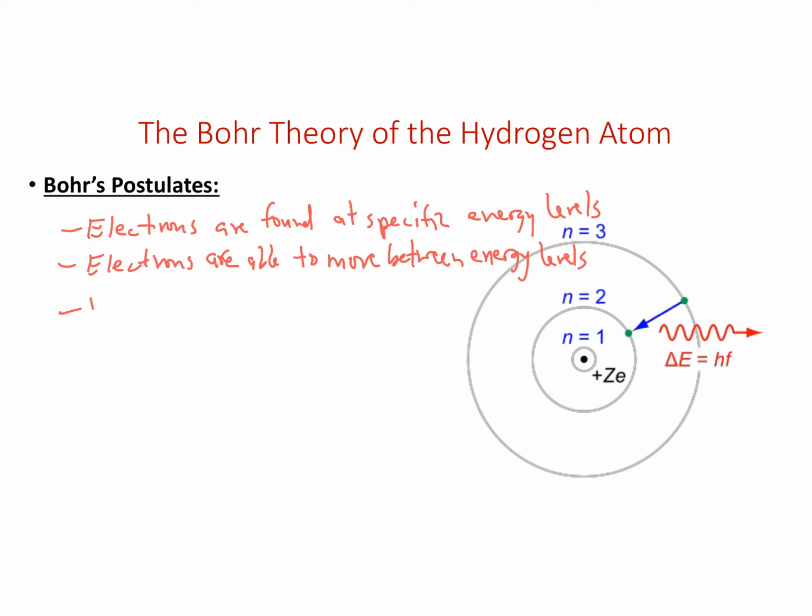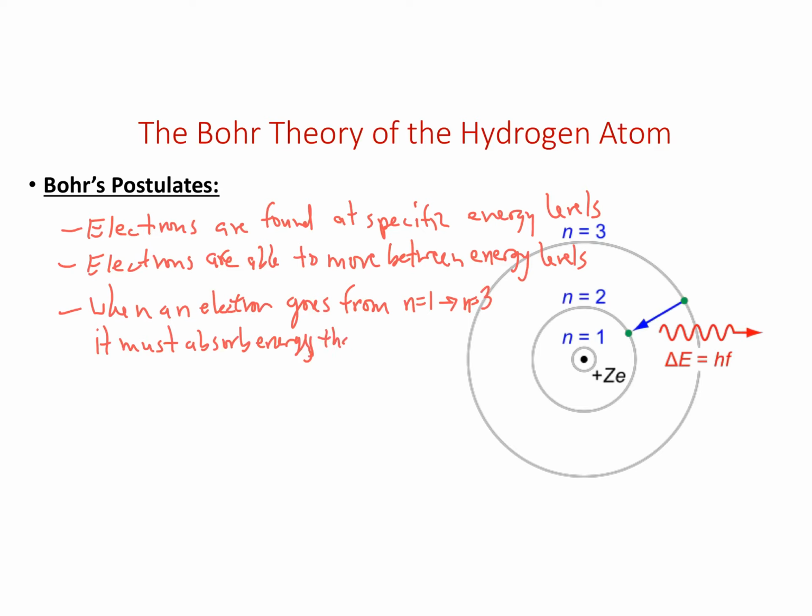When an electron goes from n equals 1 to n equals 3, it must absorb energy that is equal to that transition.